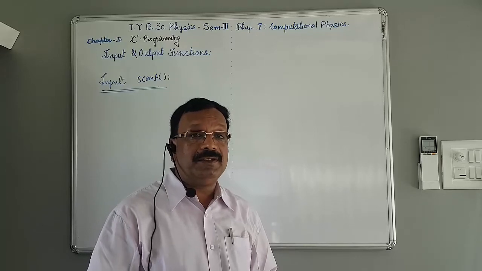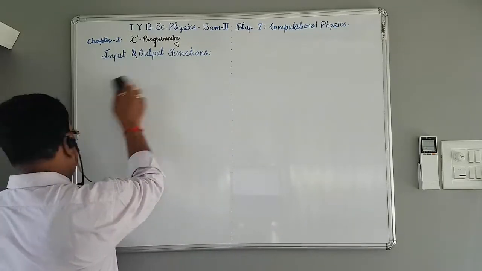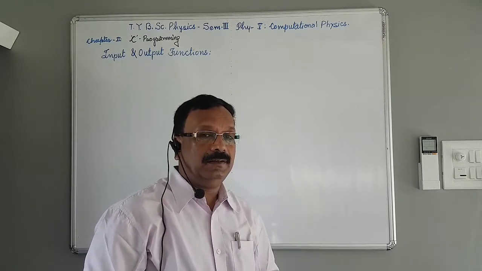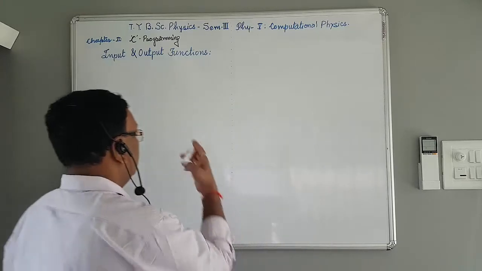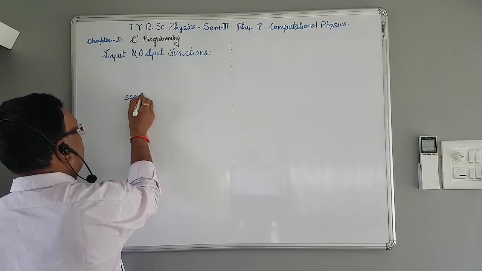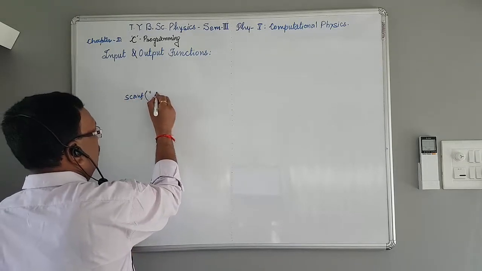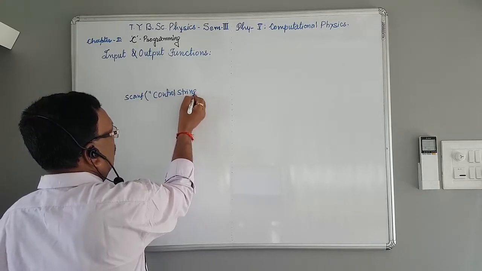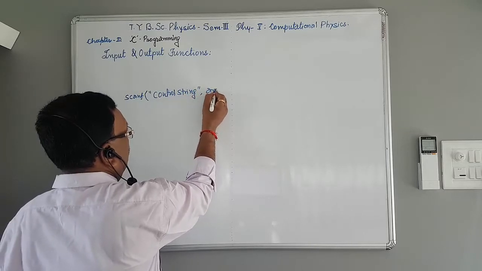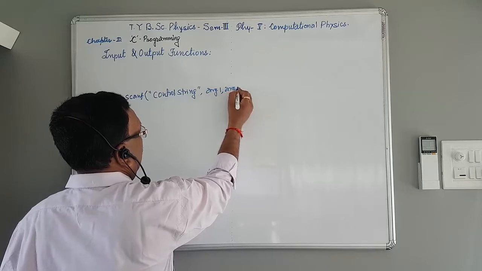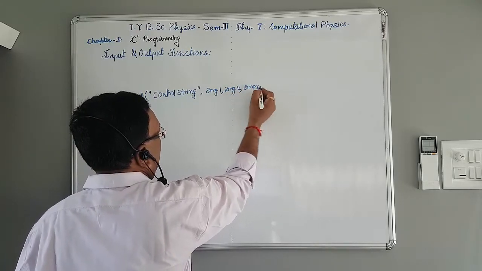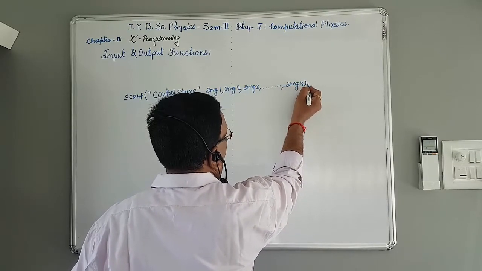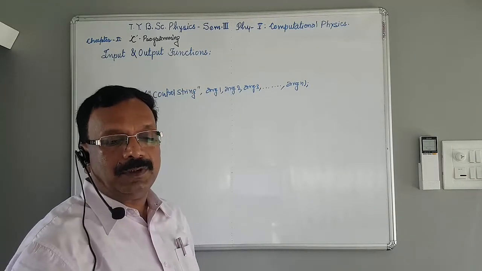Now we have to see the syntax of this scanf statement. Syntax means the method to write the scanf function. scanf, in brackets, in double inverted commas control string, then argument 1, argument 2, argument 3, up to argument n, and lastly termination is a must.